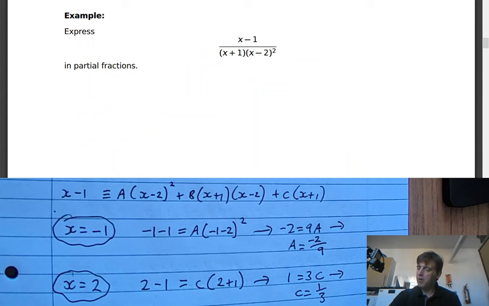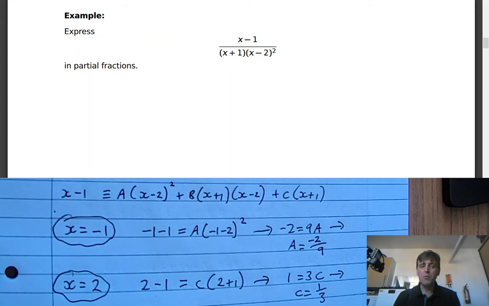So we found our value of a, we found our value of c, we haven't yet found the value of b, and it seems like we can't really use substitution to make any further progress, because there's no other value of x which is going to eliminate the terms around the b but not eliminate the b itself when we substitute that value in.